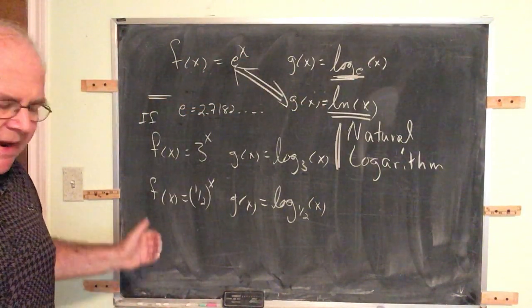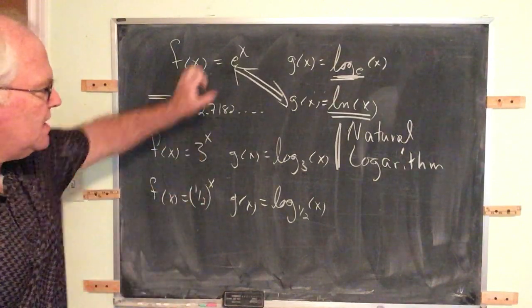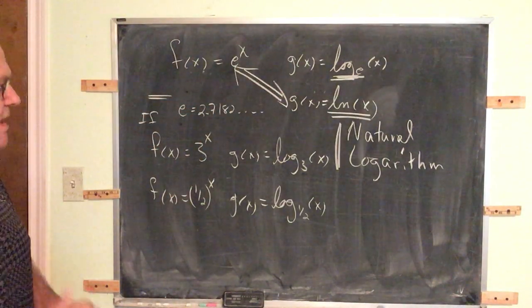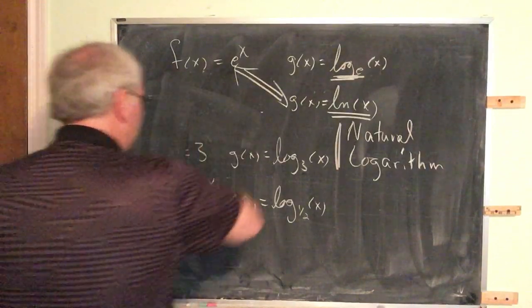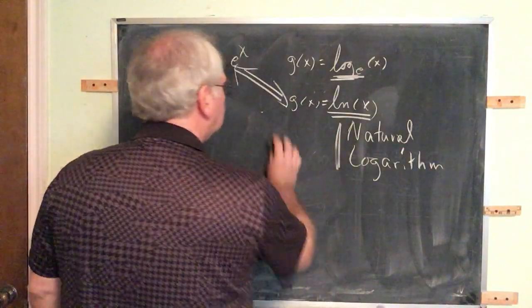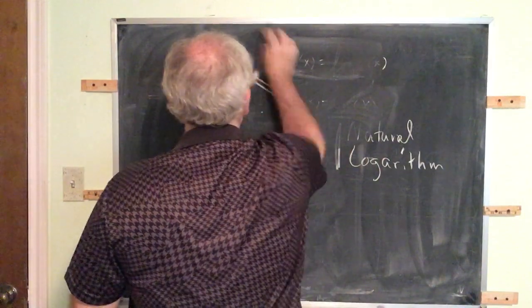And every property that pairs of inverse functions possess, these two functions possess in relation to each other. So, among other things, what are some properties that we know? So I'm going to rewrite all this.